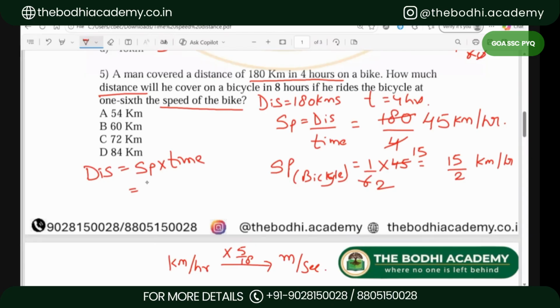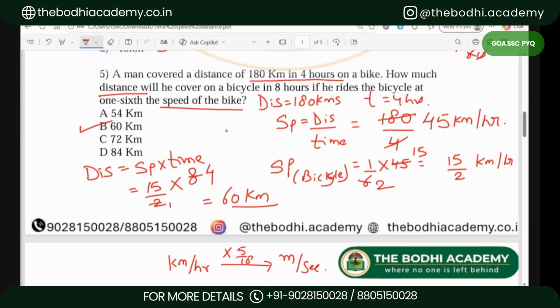So what is my speed? My speed is 15 upon 2 kilometer per hour, into what is my time? 8 hours. So 15 upon 2 into 8. 2 fours are 8, 2 ones are 2, 15 fours are 60. 60 kilometers is the answer. Very good question, a bit difficult one, but this way it will be solved.